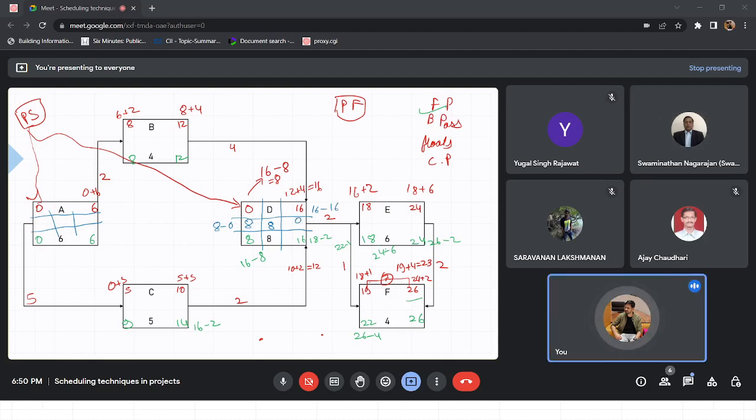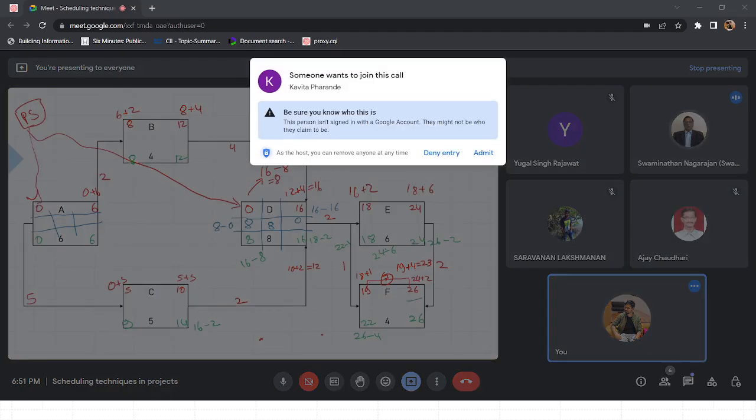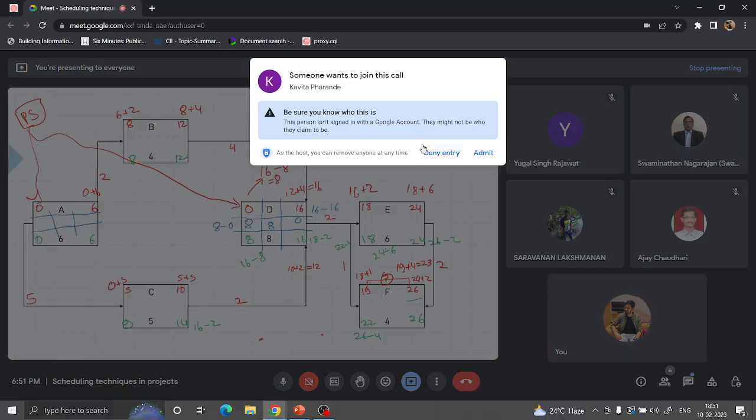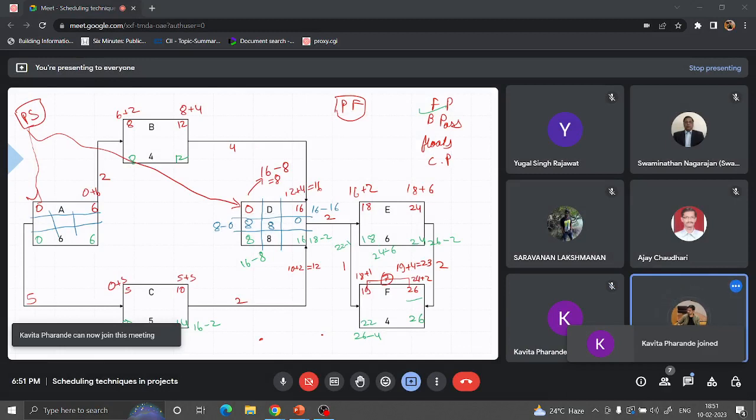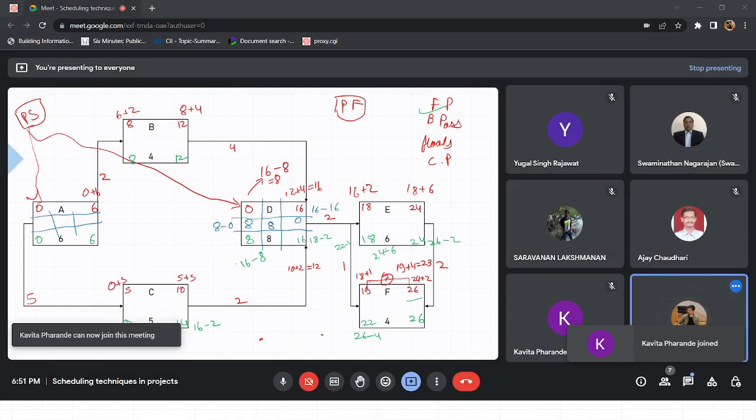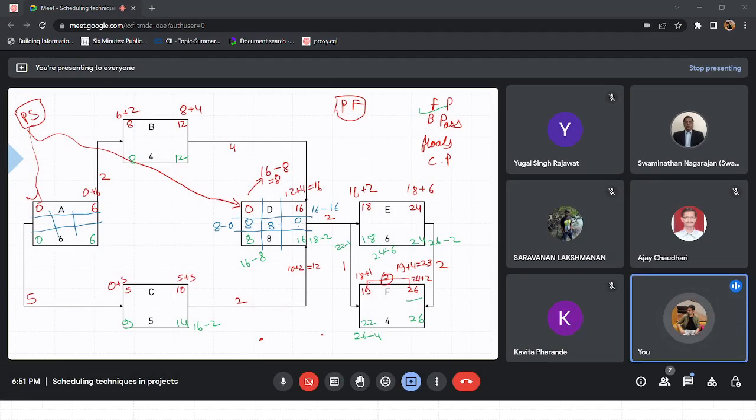We have got 3 values. You can see that the total float is 8. You can shift your activity 8 days anyway. If the early start is 0 and the late finish is 16, you can shift your activity around by 8 days, but you cannot compromise with your finish of activity D, because it is dependent on the other 2 activities.